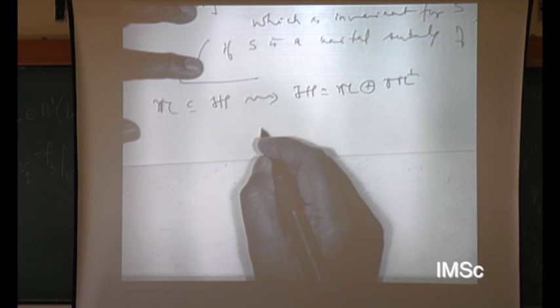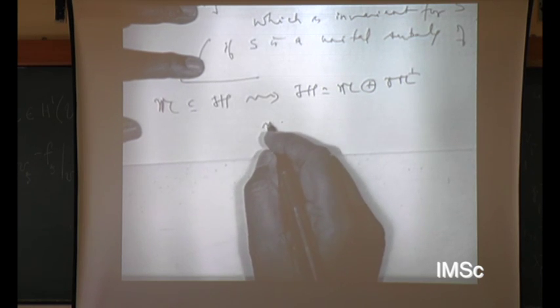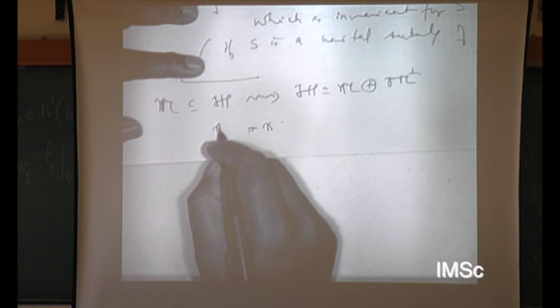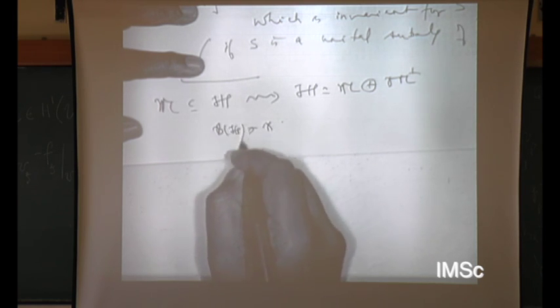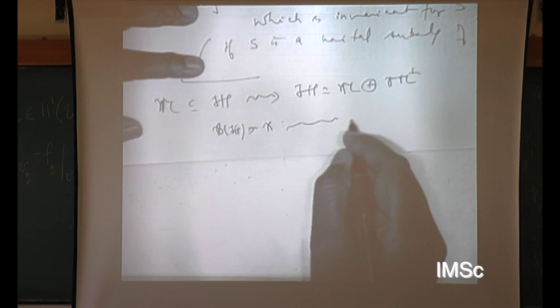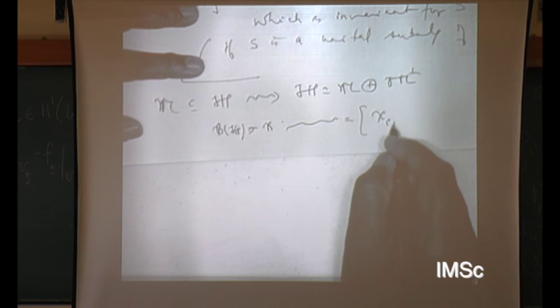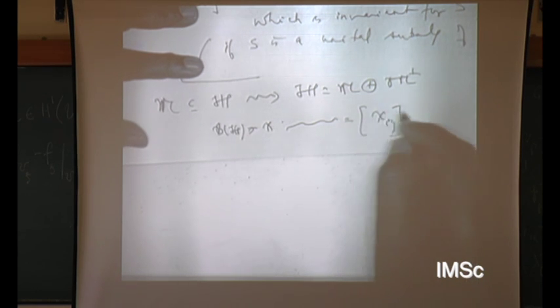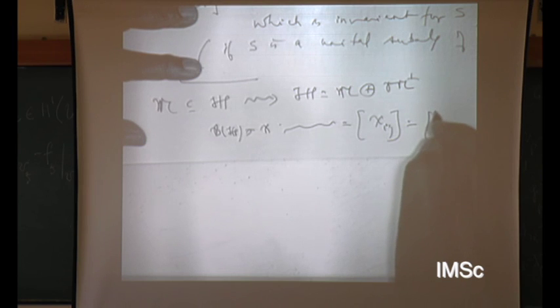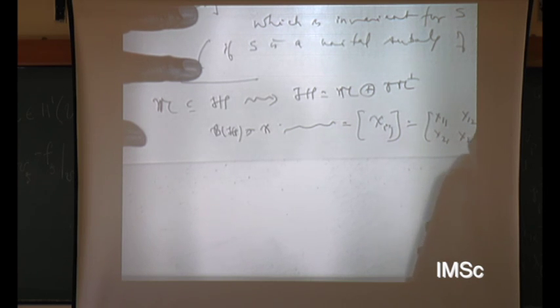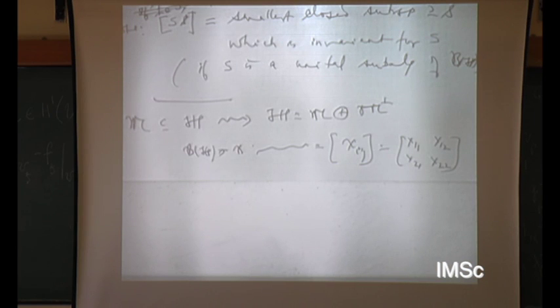So if we have any operator in B(H), in this decomposition, you can identify it with the matrix X_ij, actually X11, X12, X21, X22, where X11 will be an operator from where to where?